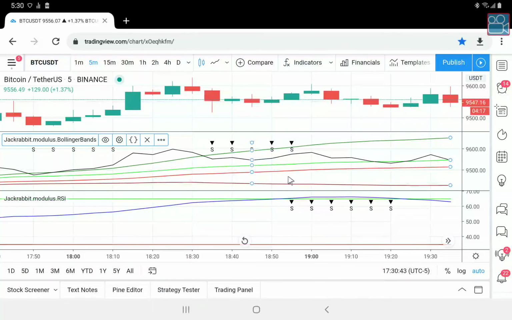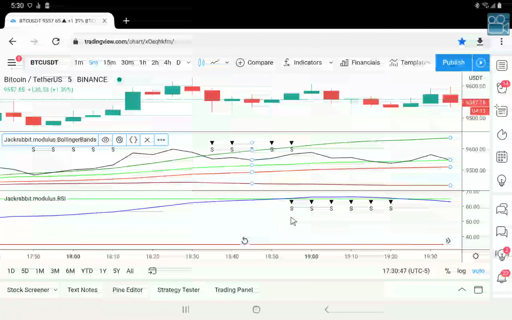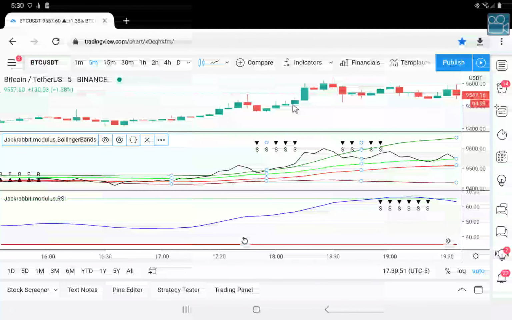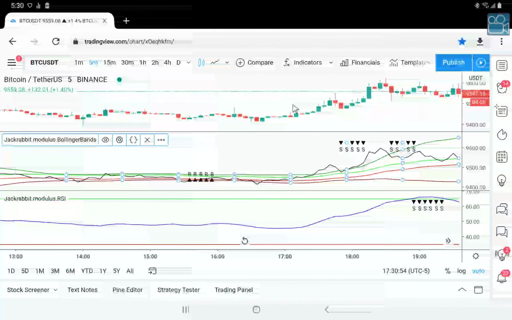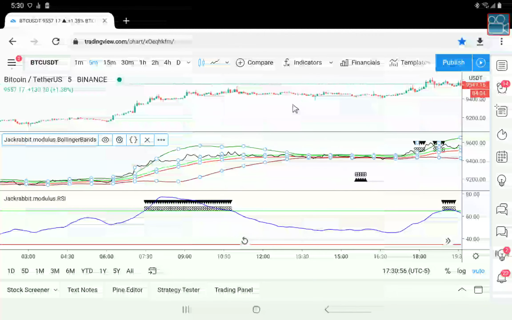Okay, we have a match right here. And this is the kind of stuff we want to look for. These kind of matches. So let's see when a buy signal matches.